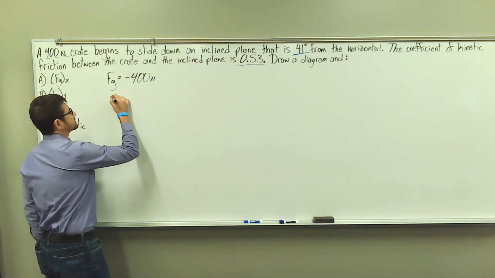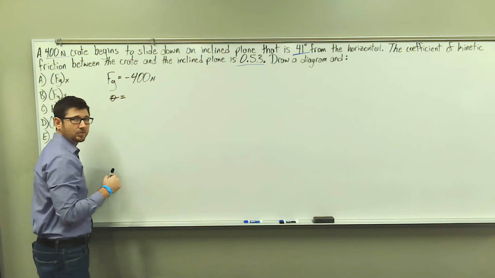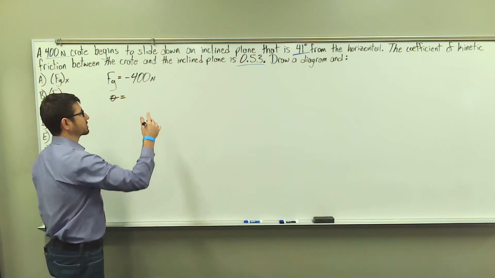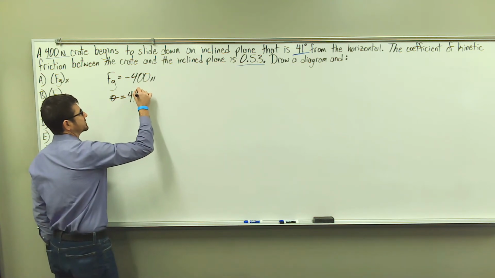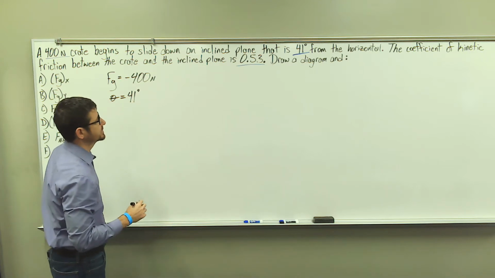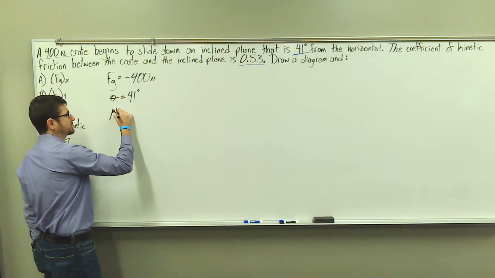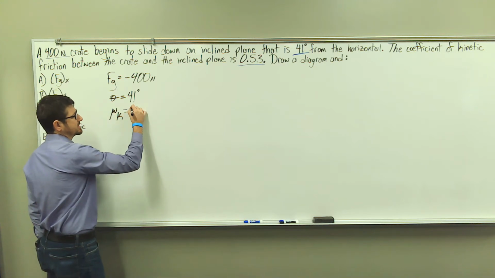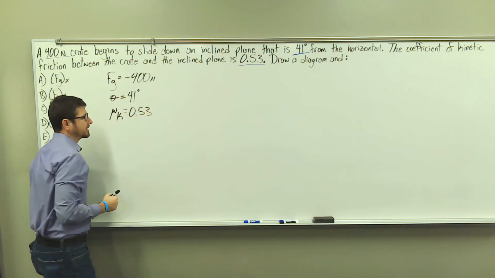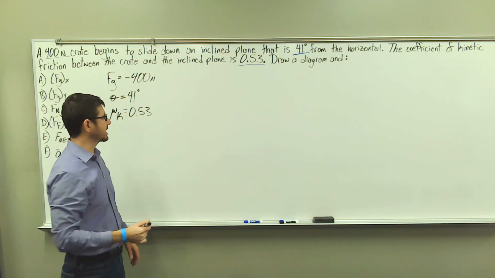Angle theta is the angle between the inclined plane and the horizontal. This is 41 degrees. And then we have the coefficient of kinetic friction, which is identified by mu sub k, 0.53.